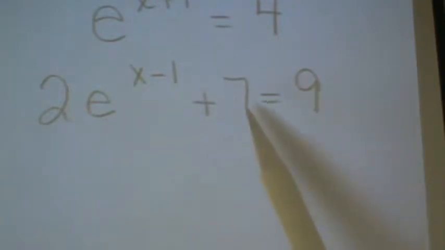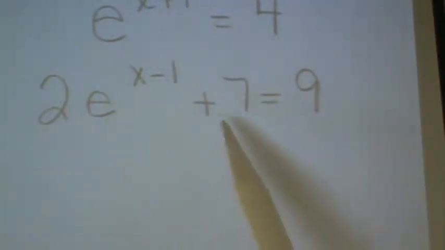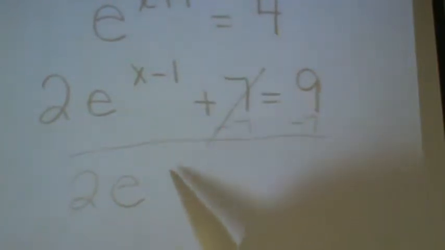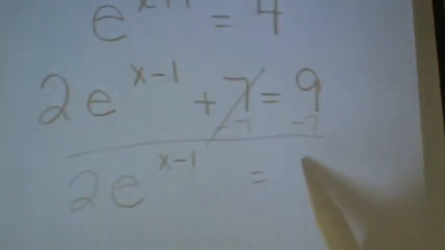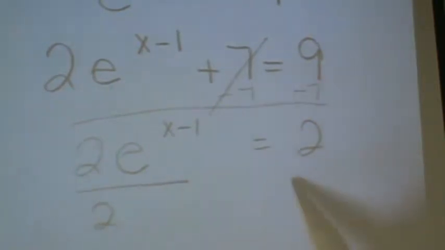So what would I do on this one right here? Subtract 7. Divide by 2. Put that in the log, or ln, minus 1. Then you would type in ln 1 and then add 1.